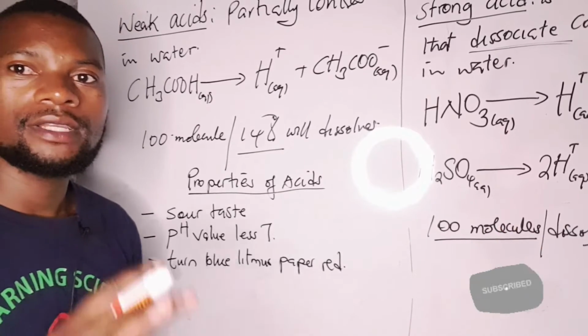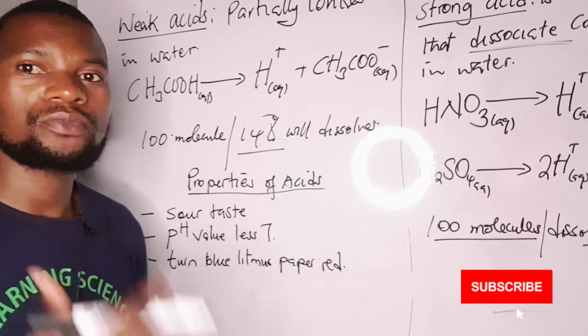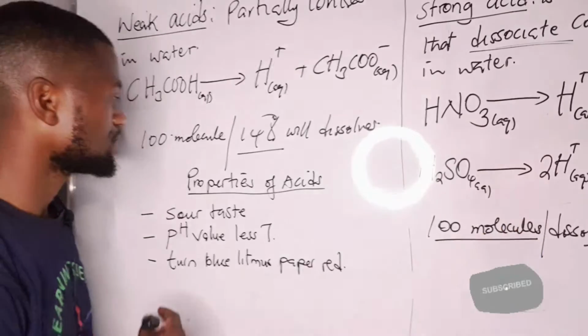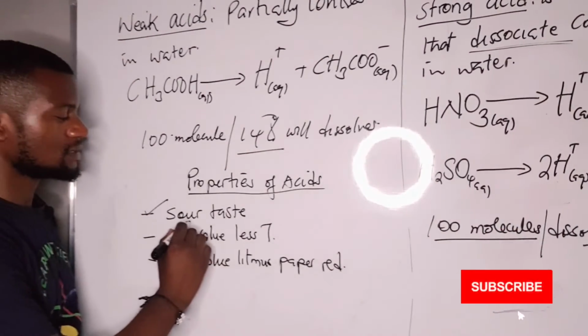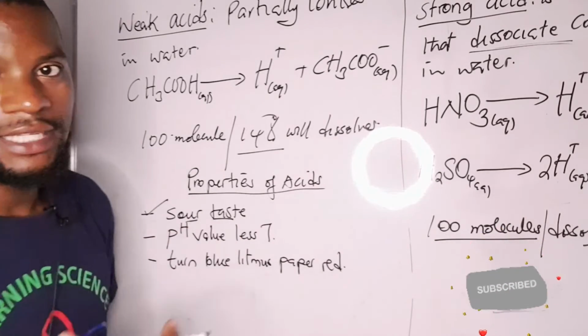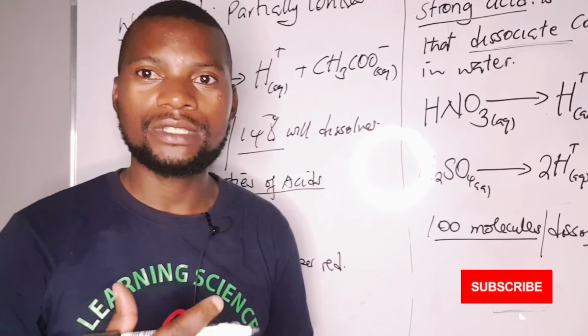Now let's look at some of the physical properties of the acids. One of them is that acids have a sour taste, like the taste of lemons. It's sour because lemons contain an acid.